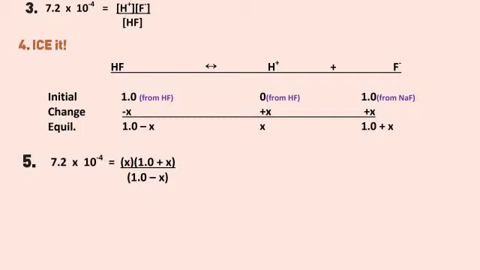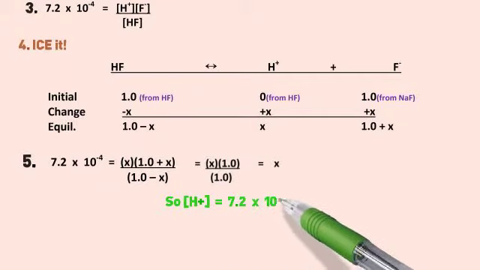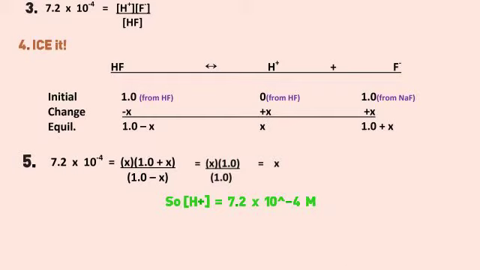So now we can put our numbers into our expression, and those x's are small, so we can discount them, the plus x and the minus x, unless you adore doing quadratics. And the hydrogen ion concentration is as follows.